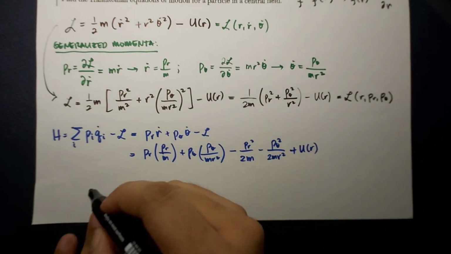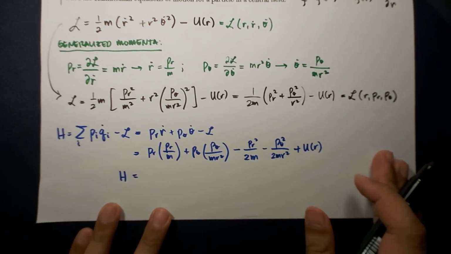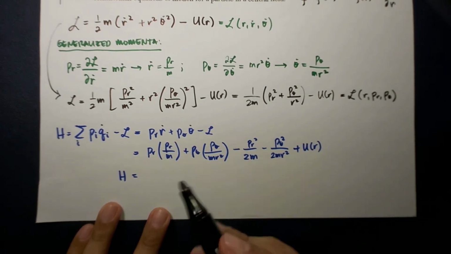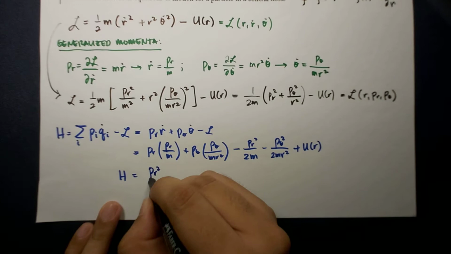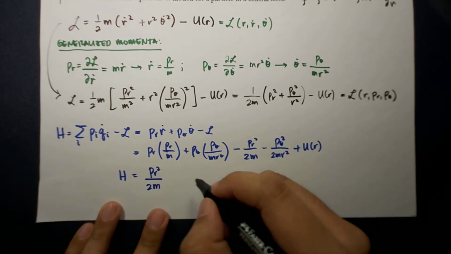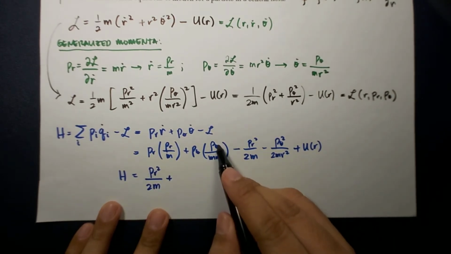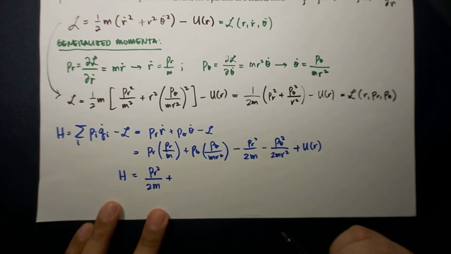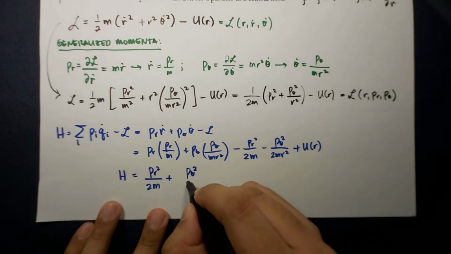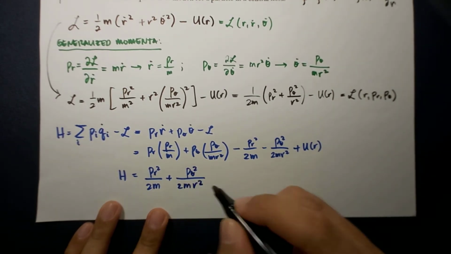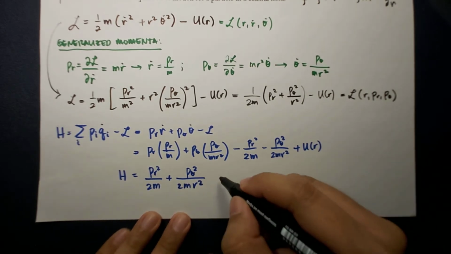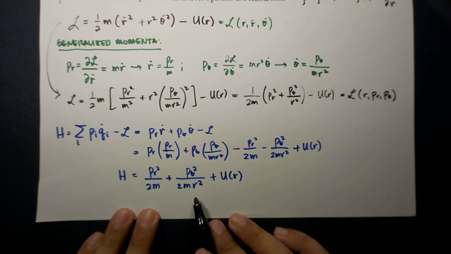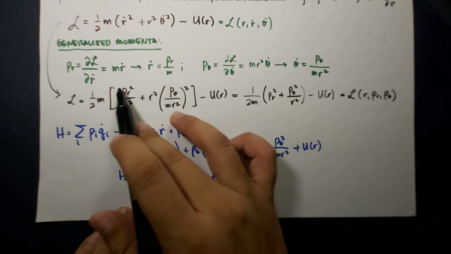Okay, so therefore the Hamiltonian will now be equal to PR squared over m minus PR squared over 2m, so this is PR squared over 2m, plus P theta squared over mr squared minus P theta squared over 2mr squared, and this is P theta squared over 2mr squared, then plus U. So you will notice here that the kinetic energy would be this one or this one.